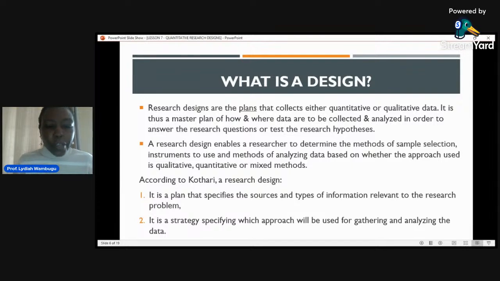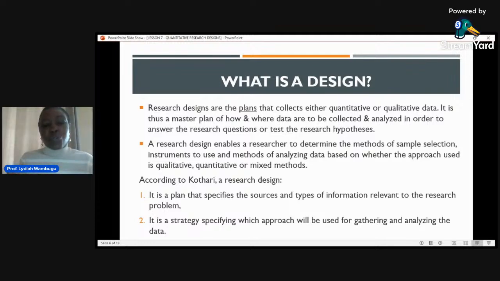And according to Kothari, 2003, a research design, and this is just another repetition, is a plan that specifies the sources and types of information relevant to the research problem, or it is a strategy specifying which approach will be used for gathering and analyzing the data.